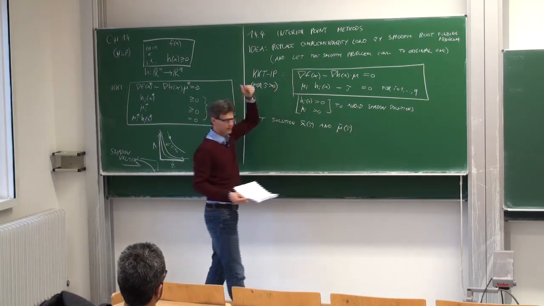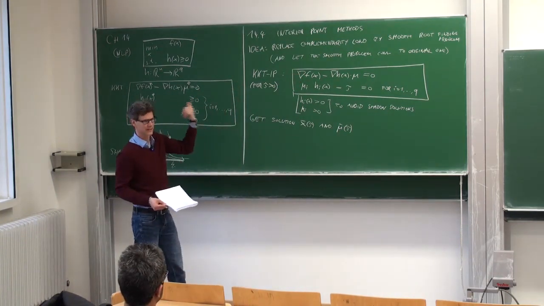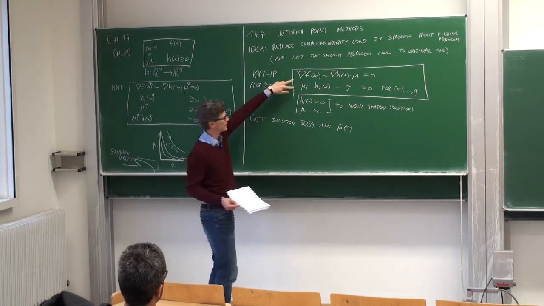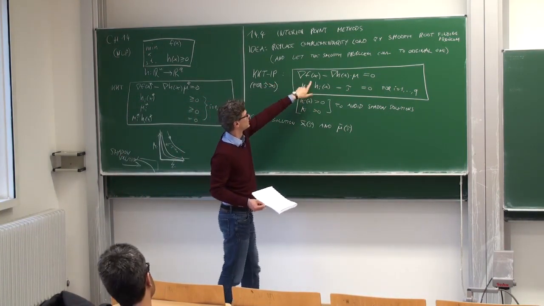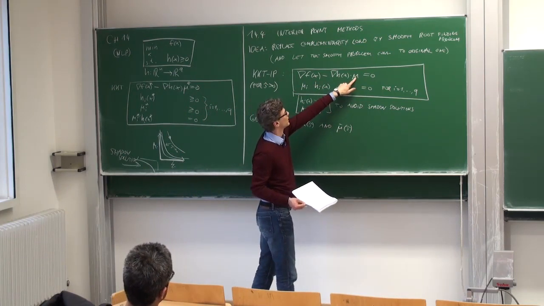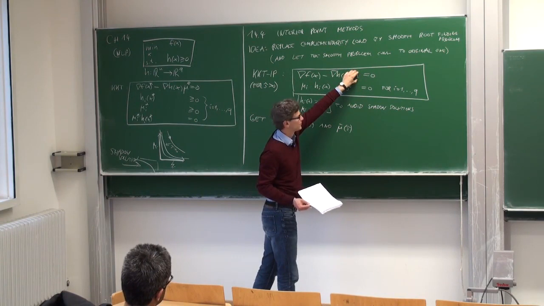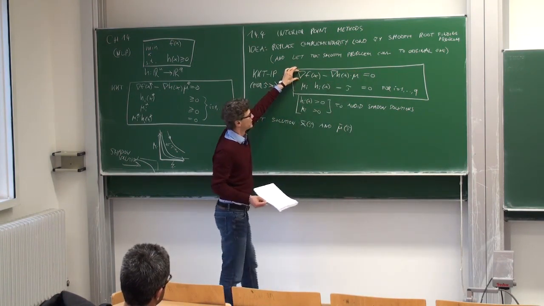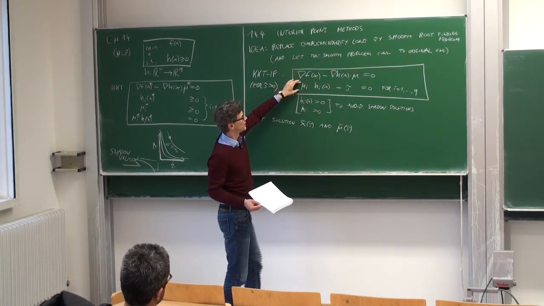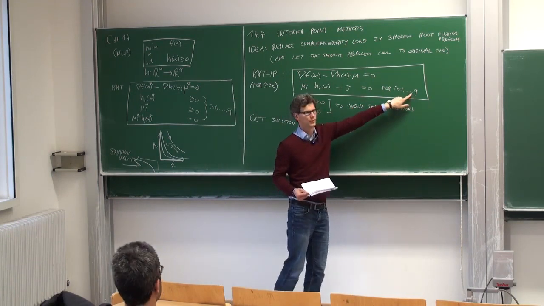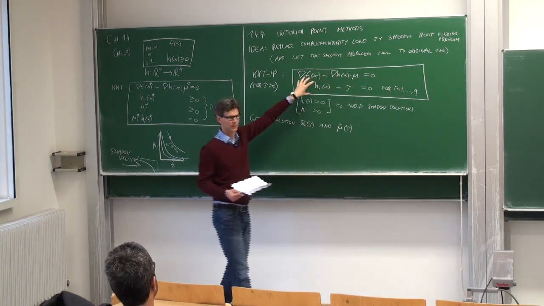So maybe let's first recall. Does it actually contain exactly the right number of residuals and unknowns? So here the unknowns are x and mu like before. x has dimension n, mu has dimension q. These are n equations, and these are 1 to q equations. So we get exactly a square system of nonlinear equations.